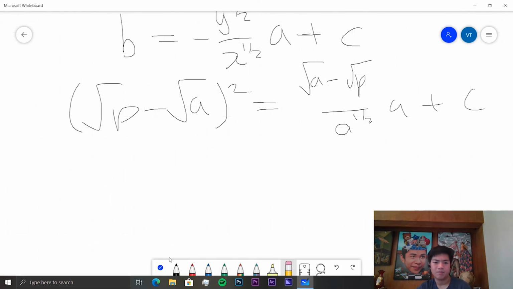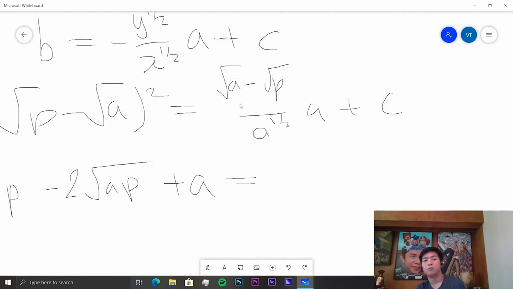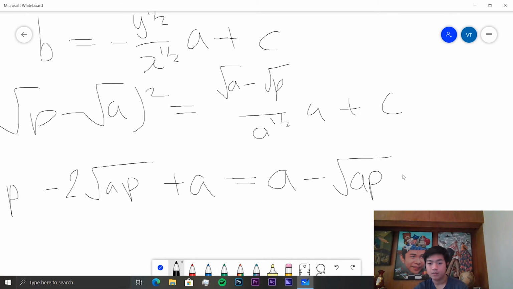So we have p minus 2 times root ap plus a is equal to, well, root a over root a is 1, so we have a minus root p over root a times a is root a minus ap plus c.